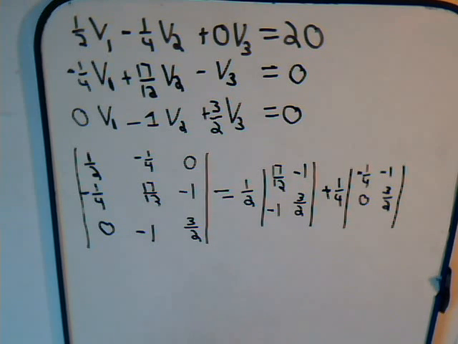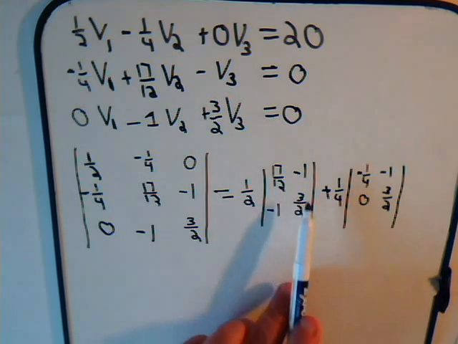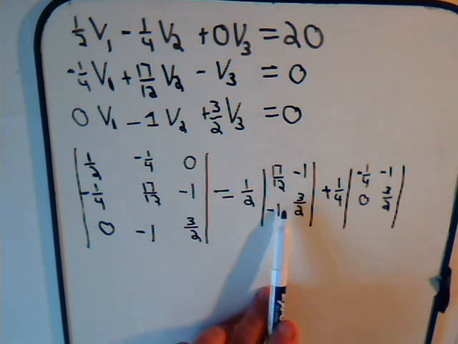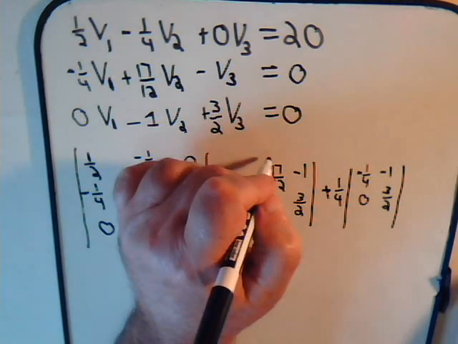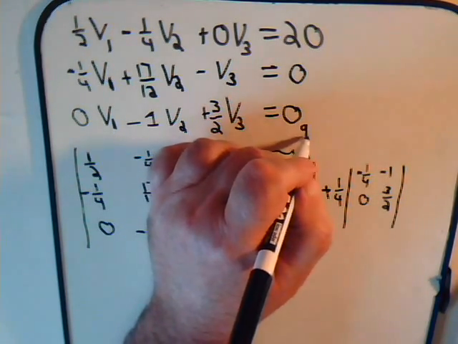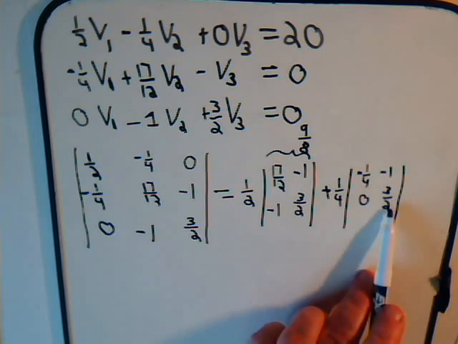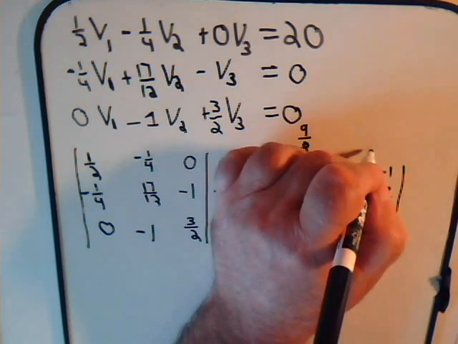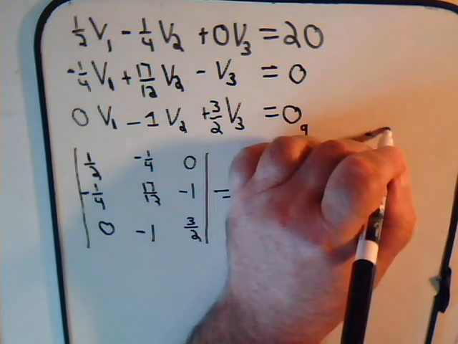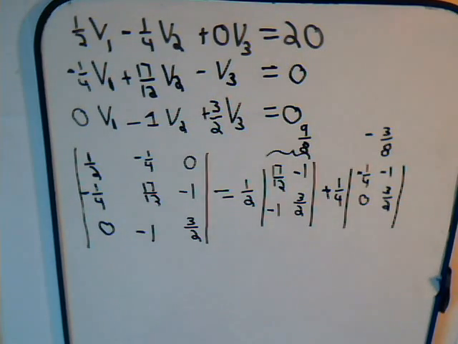So let's see, here we have 17/12 times 3/2 minus 1. Do the arithmetic, and I think that comes out to 9/8. And then here we have 3/2 times minus 1/4. That is minus 3/8.